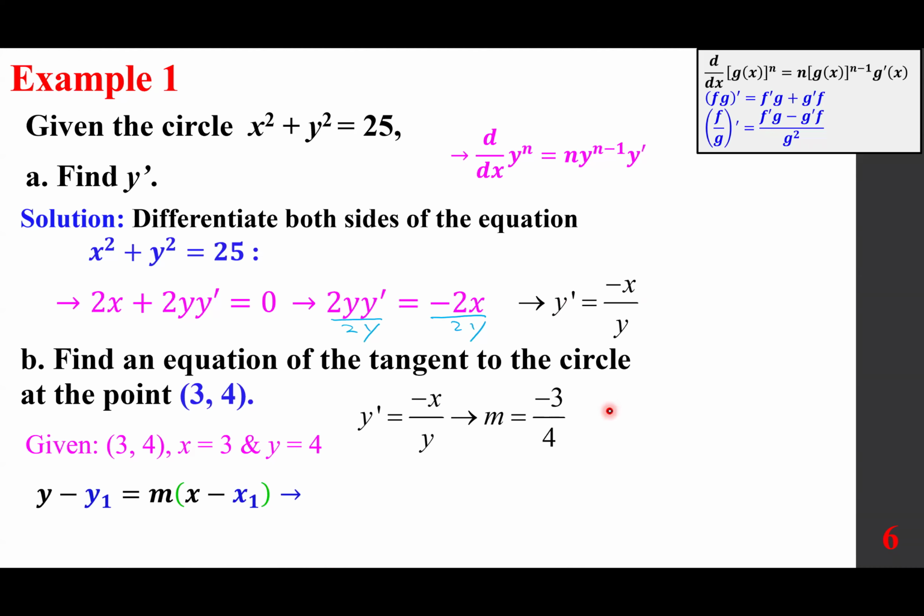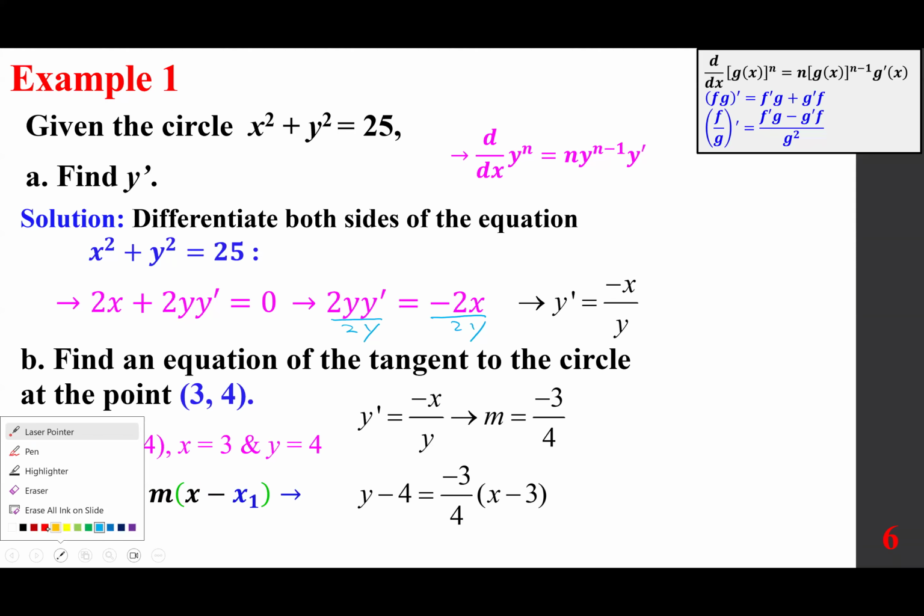y minus y1 equals m times x minus x sub 1. y minus 4 equals negative 3/4 times x minus 3. Distribute.